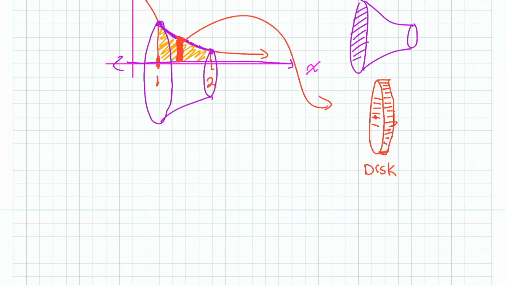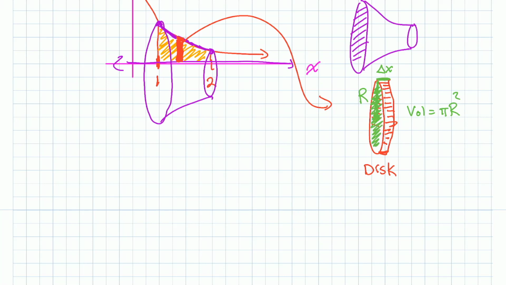In order to get the volume of this little cylinder, you would need to know the radius, and also the thickness, which I'm going to call delta x. If you did know that, then the volume of this little disc is going to be the area of the face, which is pi r squared, the area of a circle.